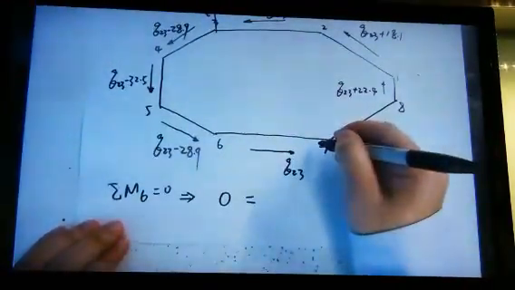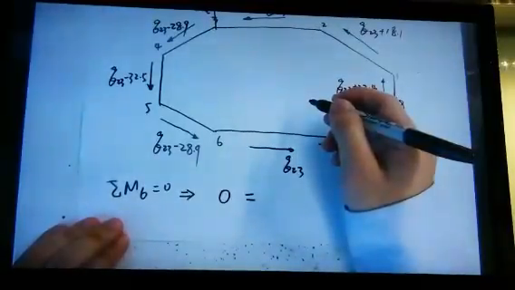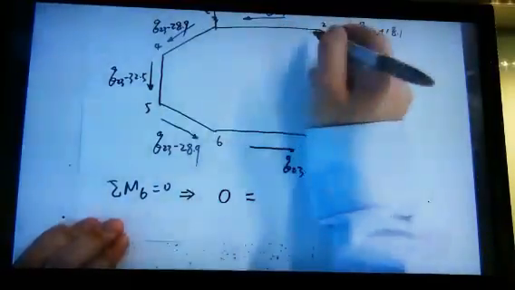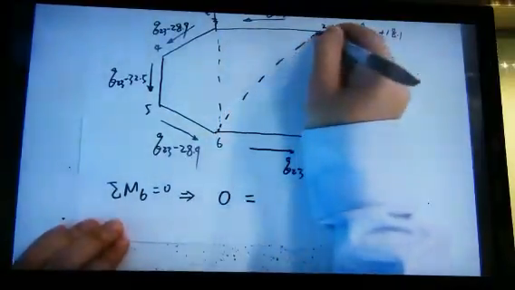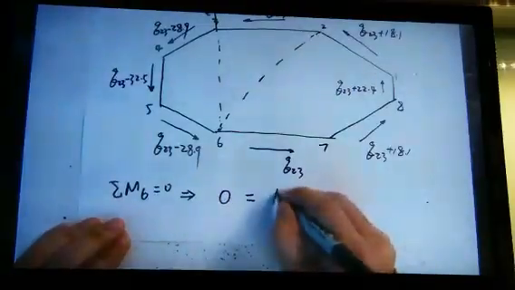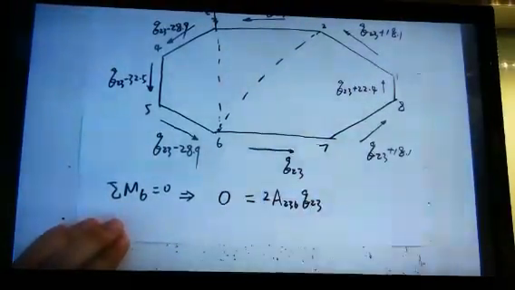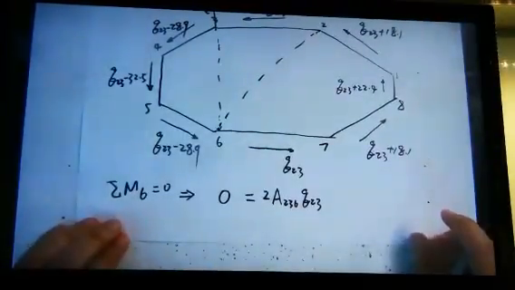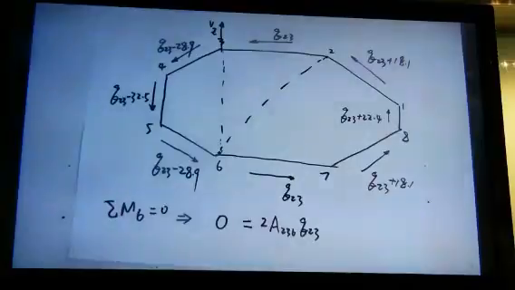But one of the others, we need to take care of. So I take care of Q23 first: area times the shear flow times 2, that means A236 Q23 times 2. I'm taking care of the first shear flow from 2 to 3.